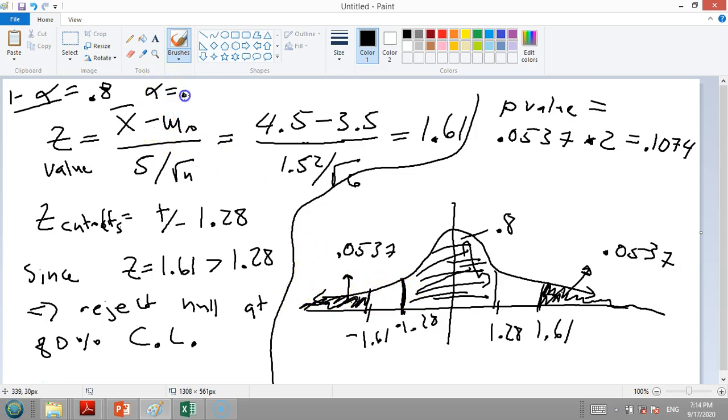So alpha equals 0.2. So the area to the right here is 0.1, and the area to the left of negative 1.28 is 0.1 also. So the total is 0.2. Anyway, the p-value in this case is smaller than 0.2. Okay, 0.1074 is smaller than 0.2, which equals alpha, the significance level. Then it also implies I reject the null hypothesis.